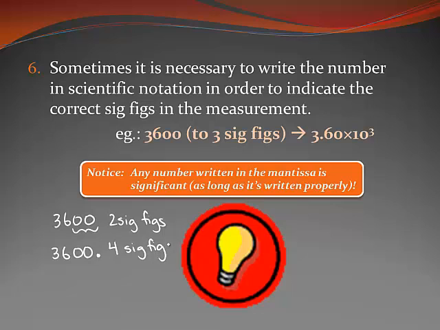Though that decimal is to indicate extra effort in our measurement, and so that means that the zeros are significant. If I need to write it so that I have 3 sig figs, I must use scientific notation in order to do that. And the nice thing about scientific notation is that anything written in the mantissa at the front is considered to be significant.